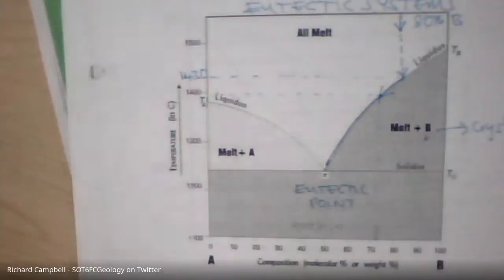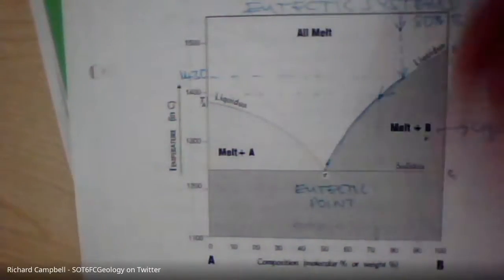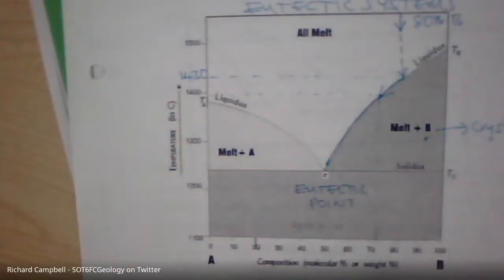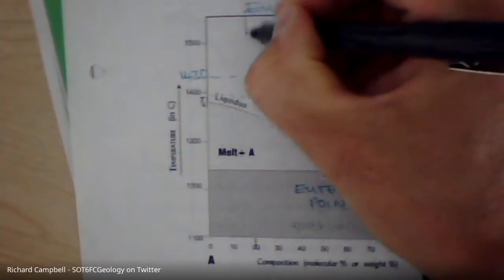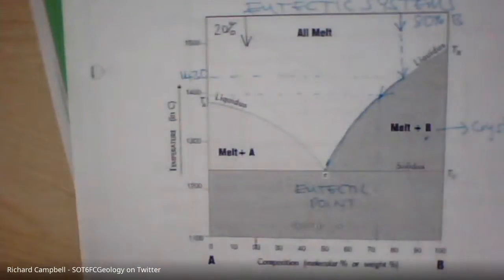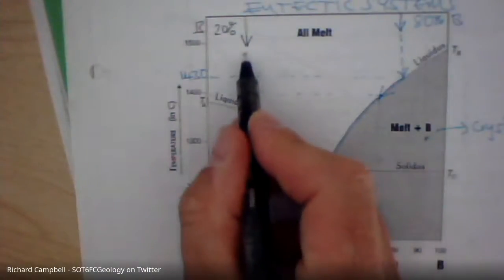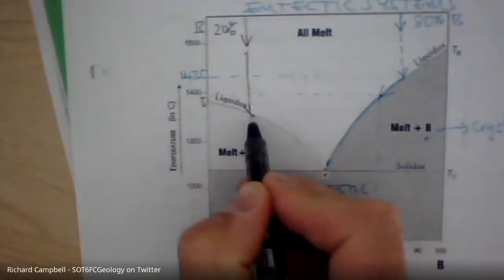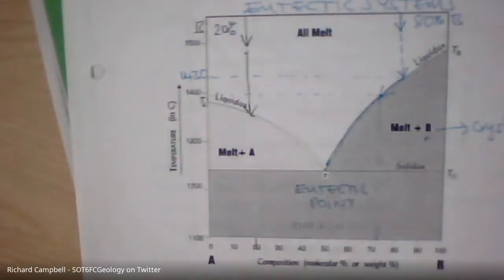Now, depending on the composition, it determines which mineral will crystallize out first. Let's take a melt with a composition of 20% mineral B. So we'll draw a line down there. 20% mineral B. As that cools down, we get to the liquidus there.